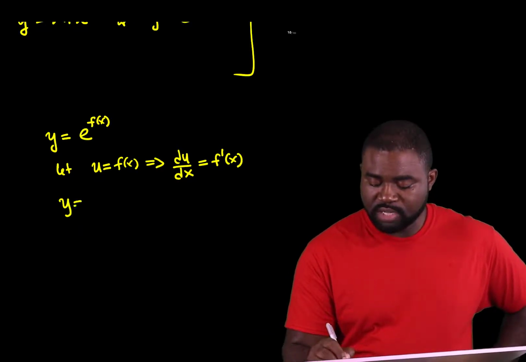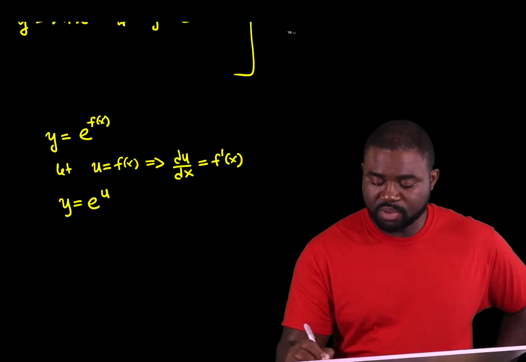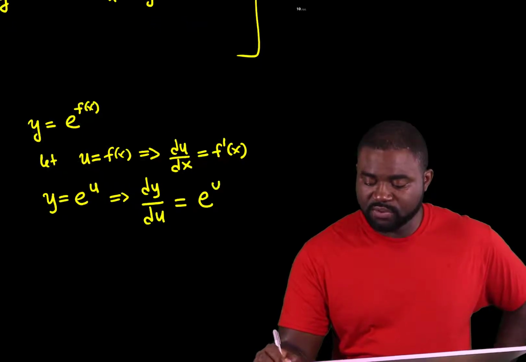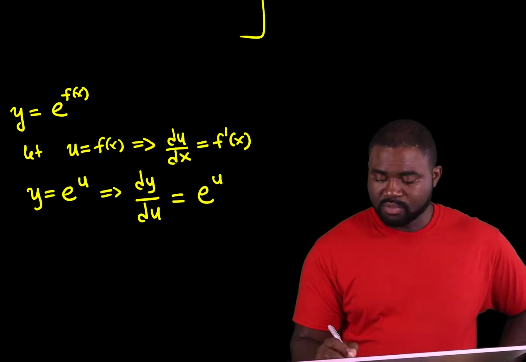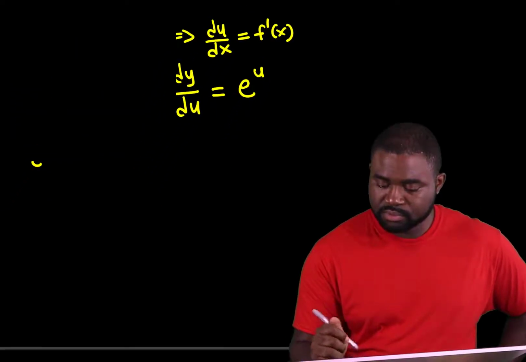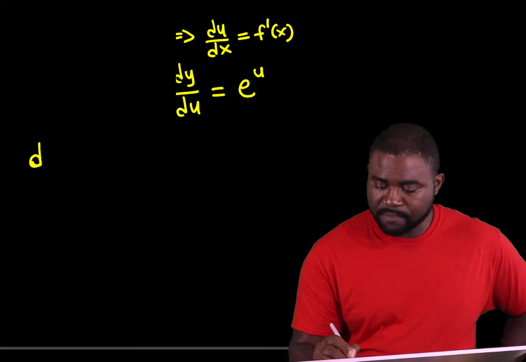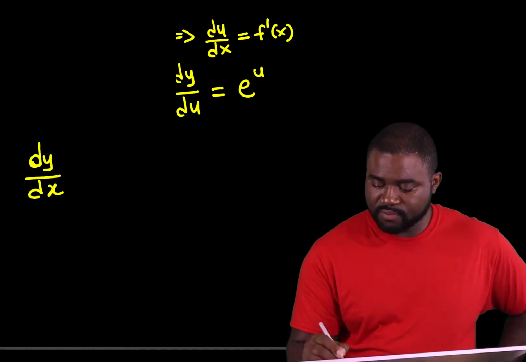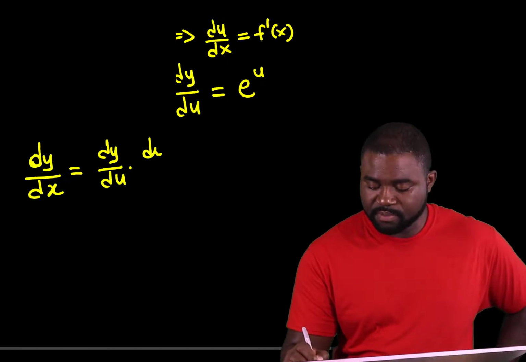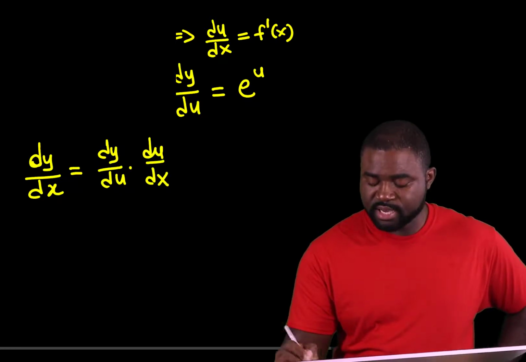Hence, y then becomes e raised to the power u, which means that dy du is equal to e raised to the power u. Per the chain rule, dy dx will be equal to dy du multiplied by du dx.